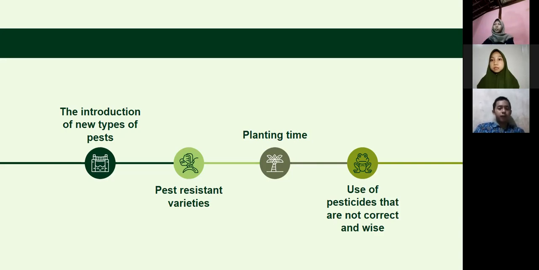And five, the introduction of new types of pests. Six, pest-resistant varieties. Seven, planting time. And eight, use of pesticides that are not correct and wasteful.